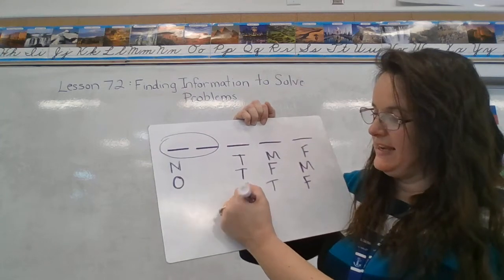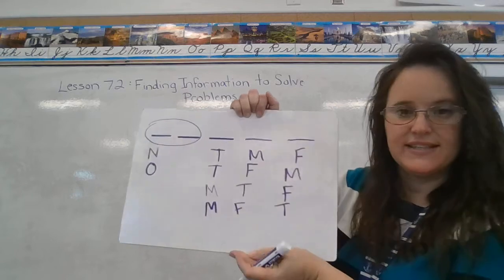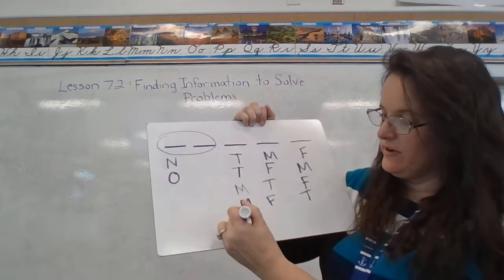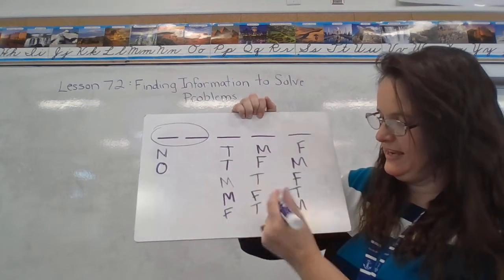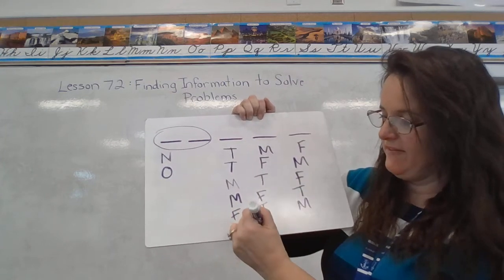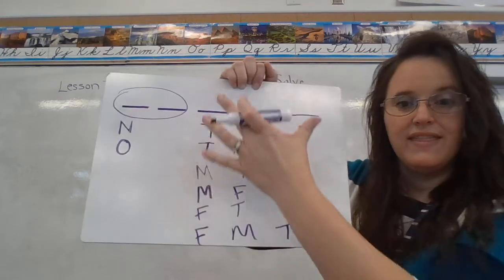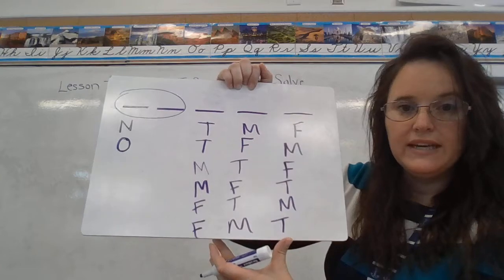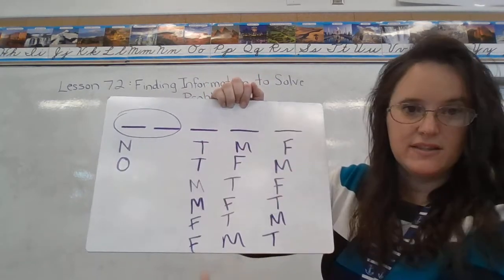Or I can leave Maine in the middle and flip-flop Florida and Texas. Finally, I can put Florida here in the middle spot, and I can put Texas and Maine, or I can put Florida in the middle spot and have Maine and Texas. So these 6 combinations are the only combinations that I can do with these 3 states in these 3 spots.